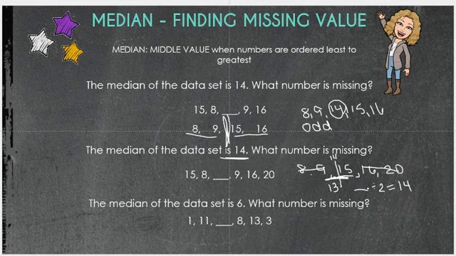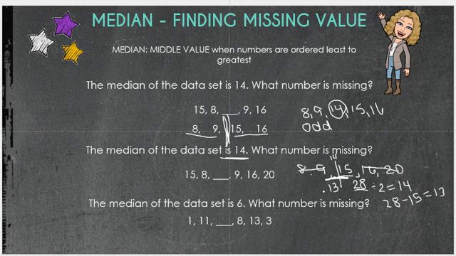So if we add the 2 numbers on either side of 14 and then divide by 2, we get 14. So the 2 numbers have to add up to 28. 28 divided by 2 is 14. 28 minus the 15 that we already have gives us 13 as the other value.